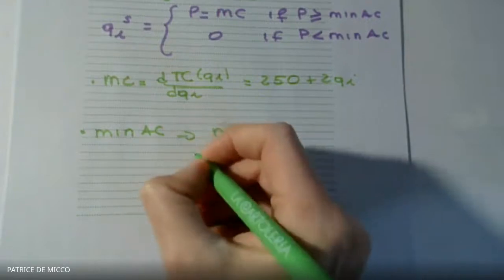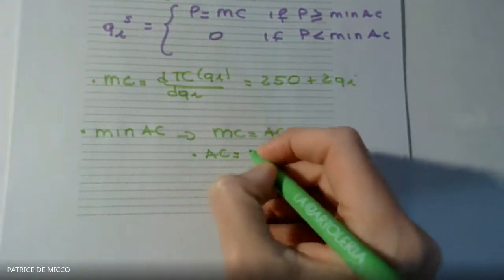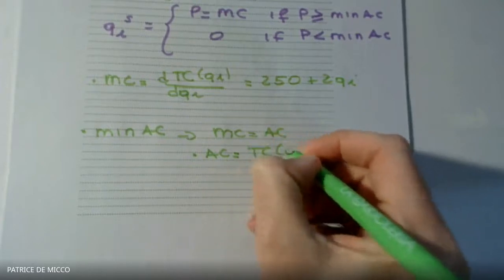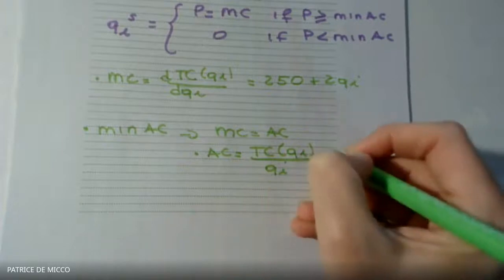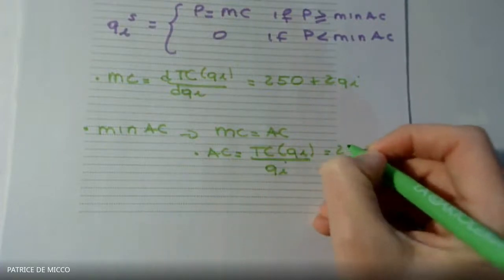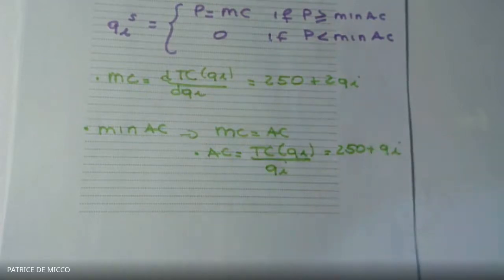So here the first thing I need to do is to compute the average cost function. But that's again easy because I just take the total cost function and I divide it by Qi, okay? And so you get that this is equal to 250 plus Qi, okay? So to compute the average cost function, I take the total cost function and I divide it by Qi, okay?